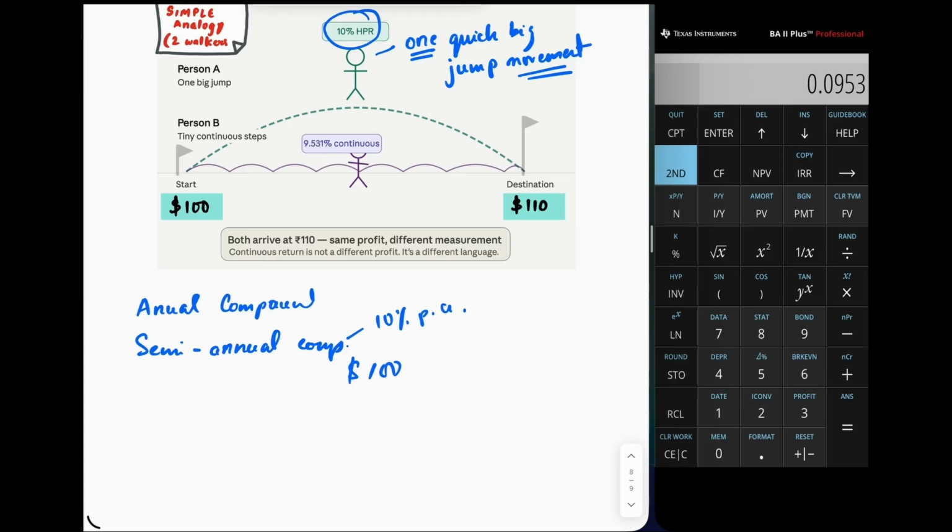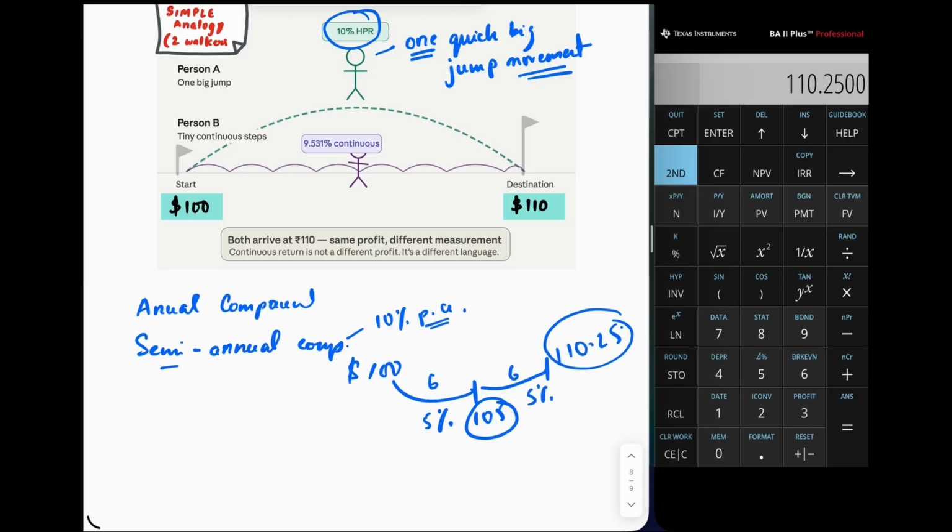Since this is semi-annual, after 6 months half of this, 5%, will be applied, so it becomes 105. For another 6 months, on this 105, again 5% will be applied, so it becomes 110.25. So in semi-annual compounding, interest is applied 2 times a year.